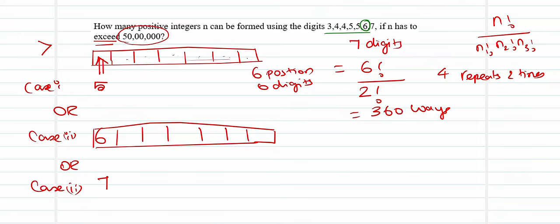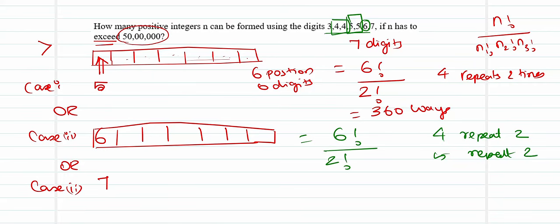So you have 6 positions and 6 digits that can be done in 6 factorial ways. When I fix 6, there is going to be 4 that repeats 2 times, and also 5 that repeats 2 times. So I'll have to divide by 2 factorial for 4 that repeats 2 times, and one more 2 factorial for 5 that repeats 2 times. So this gives me 6 factorial by 2 factorial into 2 factorial, which makes it 180 ways.